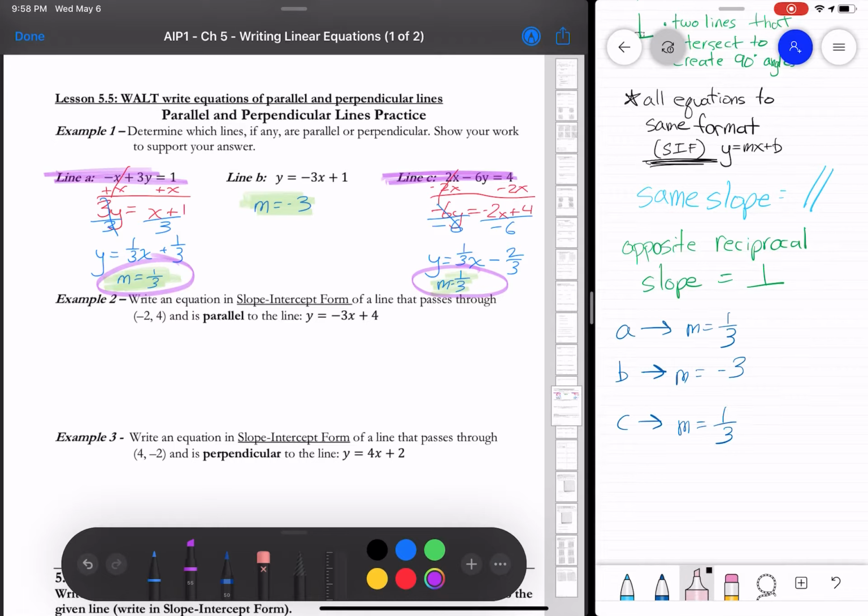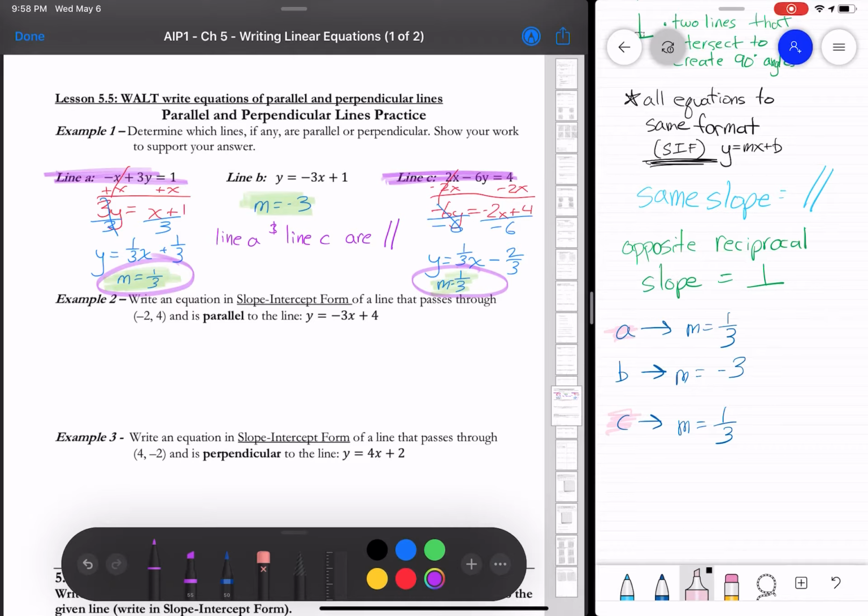We already determined that line A and line C are perpendicular to each other, right? So let's go ahead and write that. Line A and line C are parallel. Oh, I know I said perpendicular, sorry. Line A and line C are parallel. We know that because they're the same exact slope, right?